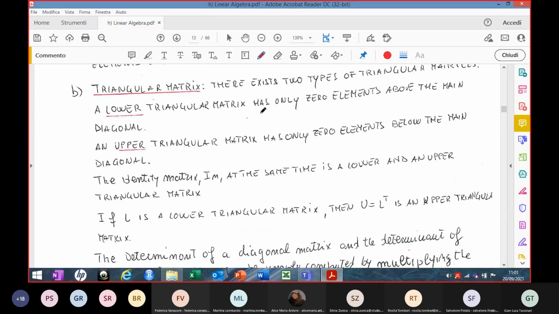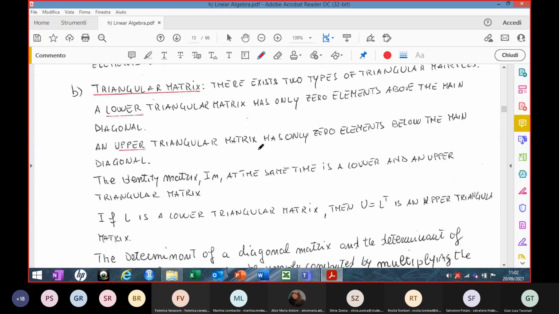A lower triangular matrix has only 0 elements above the main diagonal. That is, all the elements above the main diagonal are necessarily equal to 0. In an upper triangular matrix, all the elements below the main diagonal are 0.